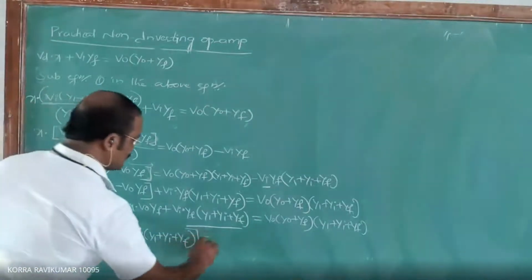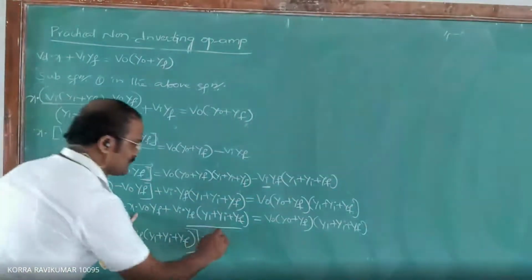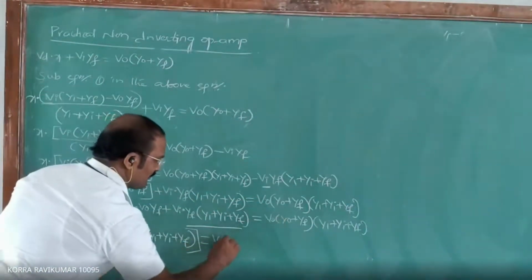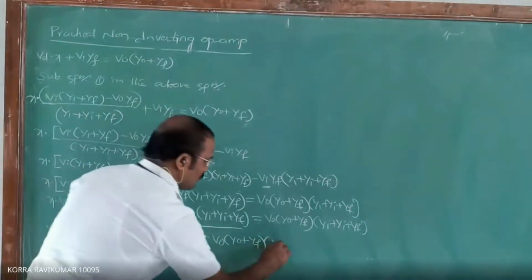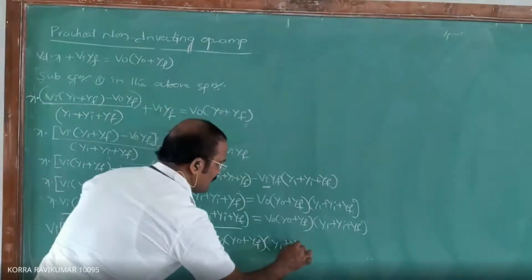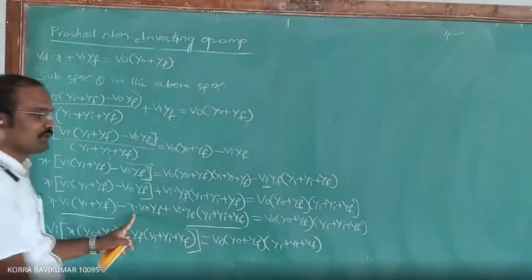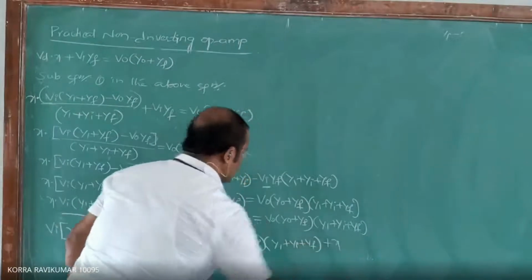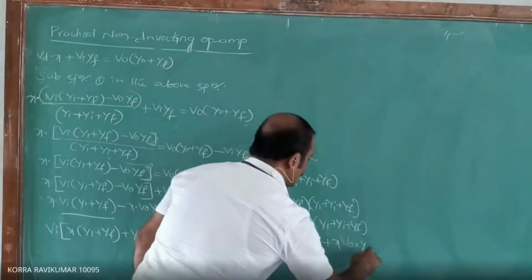Which equals, sending this V0 to the RHS side, V0 of (Y0 plus Yf) into (Y1 plus Yi plus Yf). This minus becomes plus here, plus x into V0 into Yf.